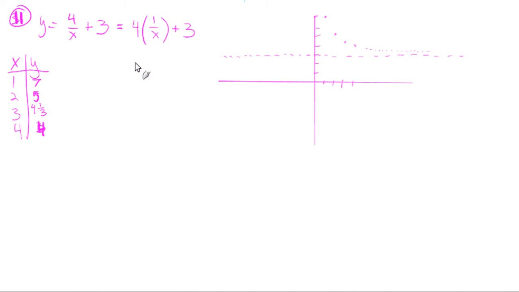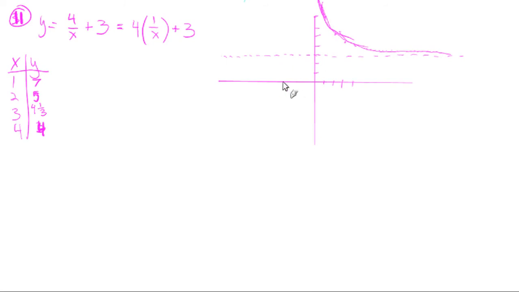And multiplying by 4 is not going to make much of a difference when it's so small. And then we're going to add that tiny, tiny number to 3. So we're just going to keep on adding tiny, tiny numbers to 3 and just being slightly above 3 forever and ever. So our graph will go through all these points and just get really, really close to 3.